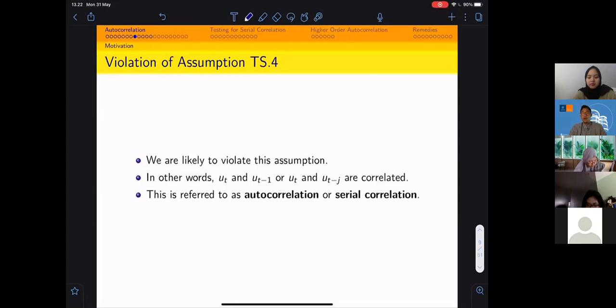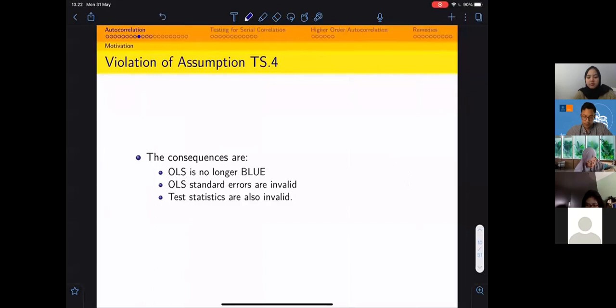All right, so that's going to be on the serial correlation. So if you violate the no serial correlation assumption, or if you violate the no autocorrelation assumption, then the estimate of the beta hat J is still going to be consistent.